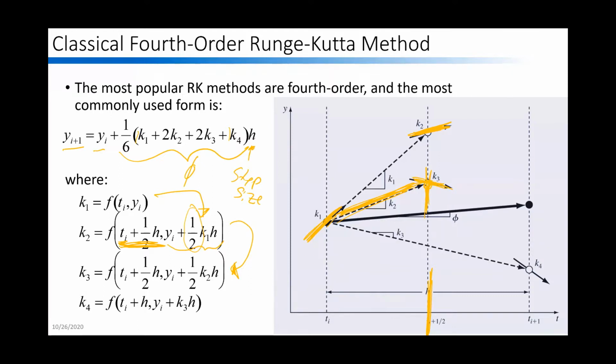Then I'm going to finally use that in K4, but this time I'm going to extrapolate all the way to t_i+1. So I'm going to use a full step extrapolation to calculate K4, using this updated version of K3 to get the information at K4.